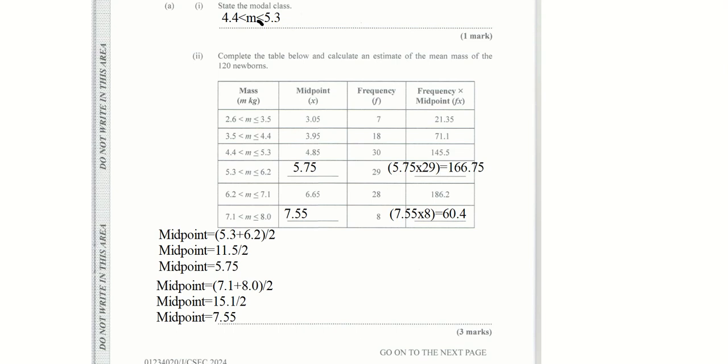So your mean, with a little dash on top means mean, right, is equal to the summation of f of x divided by the summation of x.